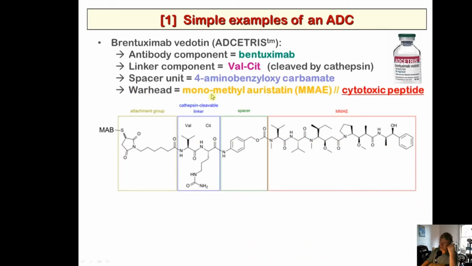And then there's the warhead, monomethyl auristatin E, or MMAE, a cytotoxic peptide that binds to tubulin and inhibits tubulin polymerization. In a cancer cell, that's a problem because cancer depends on out-of-control cell growth, and it uses tubulin to do that because that's how cells grow.